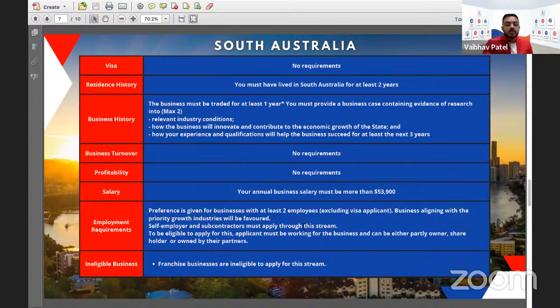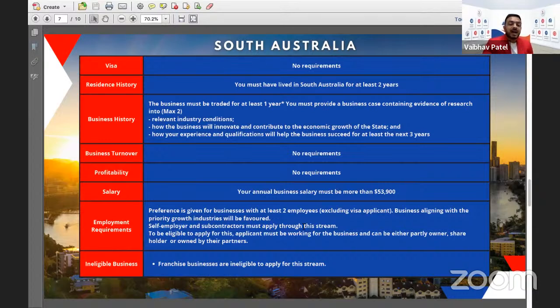And if yours is one of those industries, then it's even better. Self-employers or subcontractors can apply through this stream as well. To be eligible, the applicant must be working for the business and can be either partly owned or a shareholder. You can be a shareholder of the business as well.